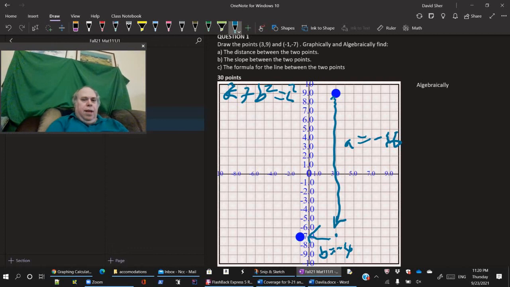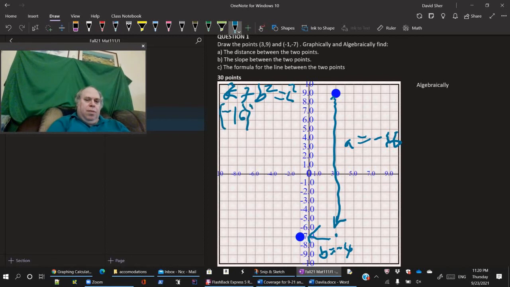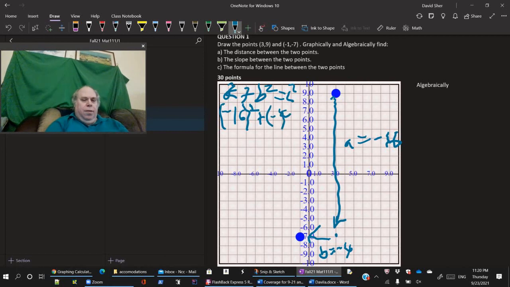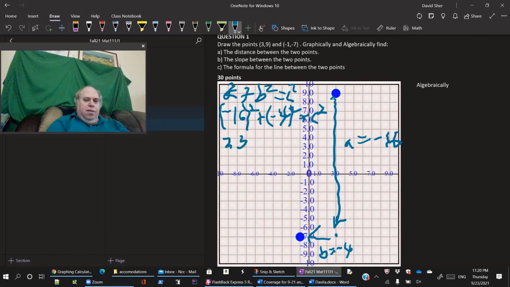And so we have -16, and parentheses are your friends when doing this problem, squared plus -4 squared equals c squared. So -16 squared is 256.